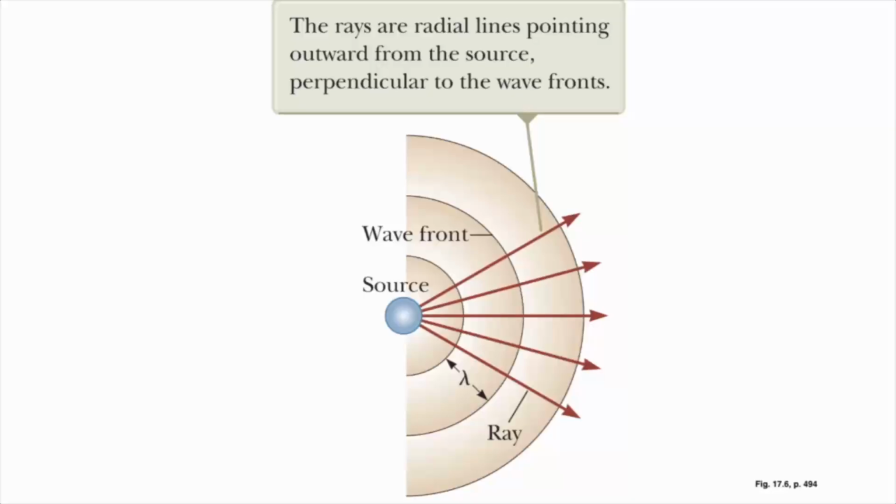So sound propagates spherically outwards from its source. And when we take this ray, this arrow, and we just draw it in the direction of propagation, how many rays should we draw? I mean, how many rays could there be? An infinite number, right? They're going out in all directions from a source.